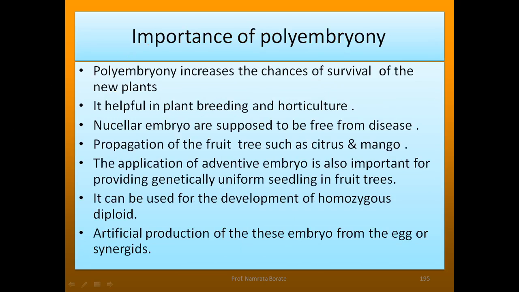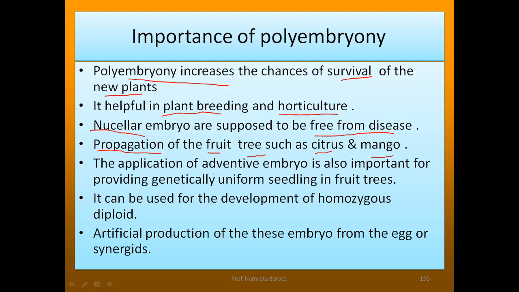Next we see the importance of polyembryony. Polyembryony increases the chance of survival of the new plant. It is helpful in plant breeding and horticulture. Nucellar embryos are supposed to be free from diseases. It is useful for propagation of fruit trees such as citrus and mango.